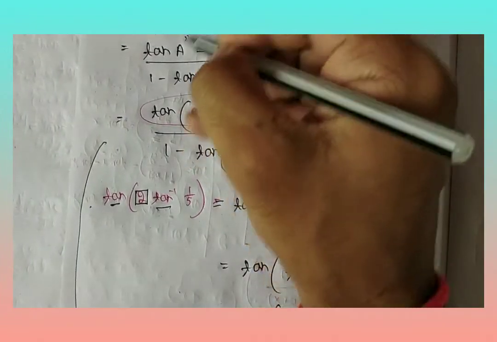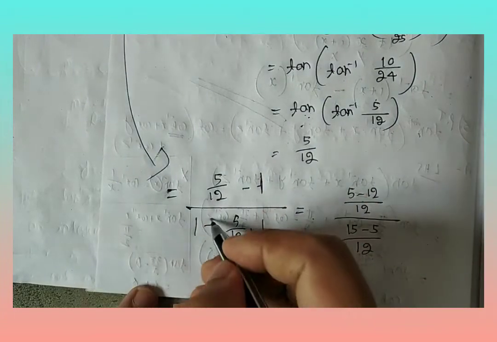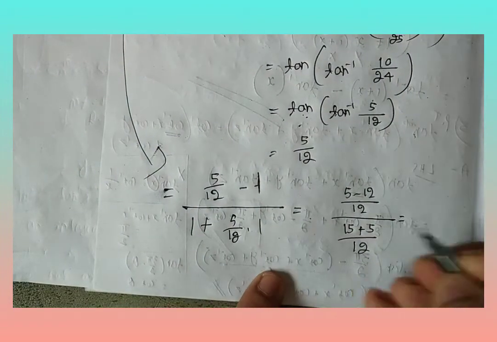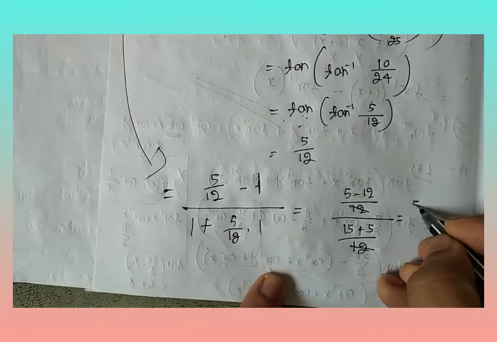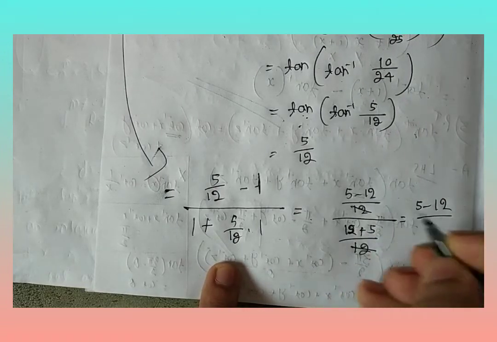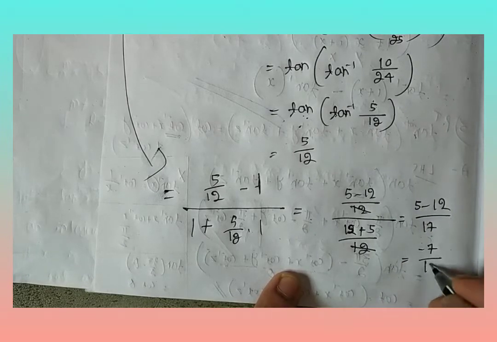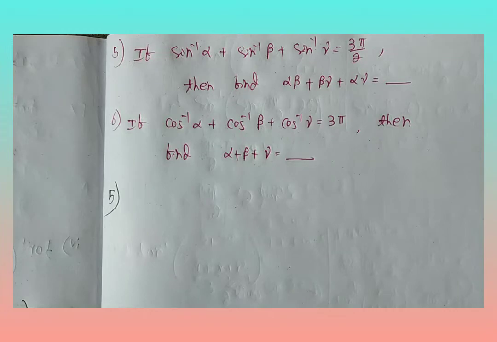Sorry, here is a plus sign, not a minus sign. It's by mistake. 5 minus 12 by 17. This is the answer. Minus 7 by 17.